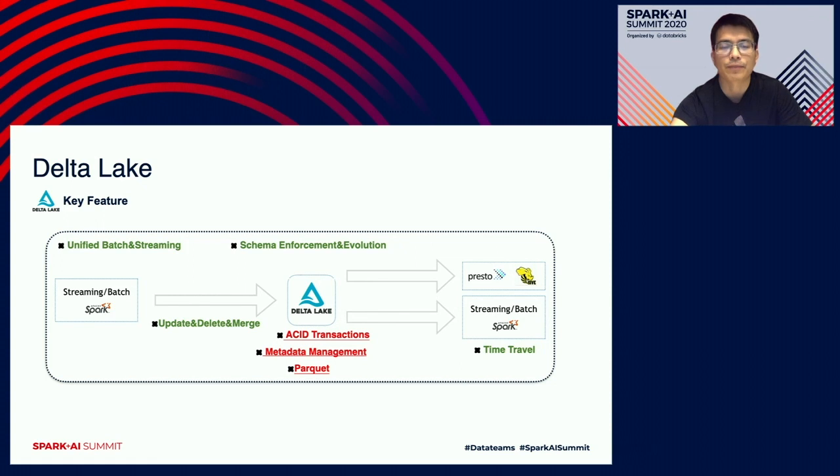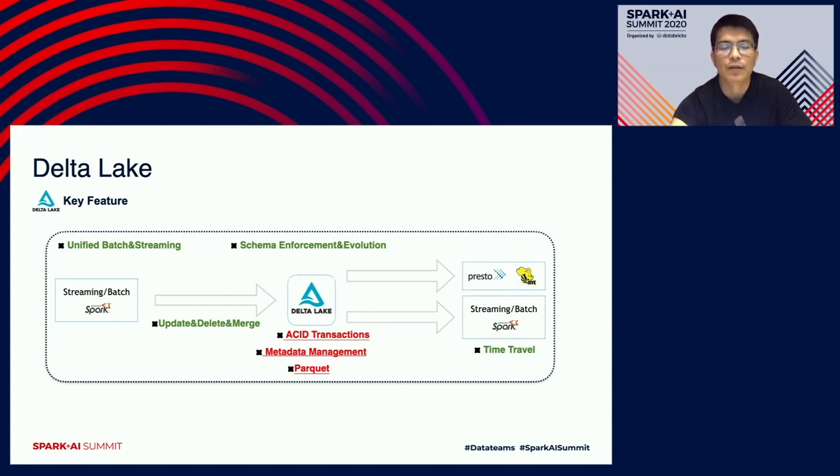For example, Data Lake has its own metadata management, which can handle petabyte scale tables with billions of partitions and files with ease. The most important is that it supports ACID transactions. Then we can unify batch and streaming.